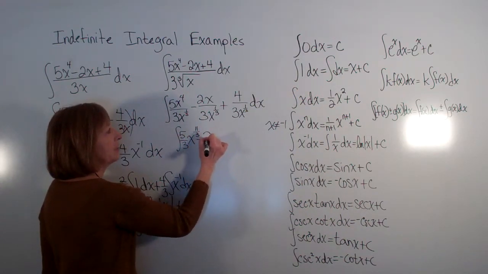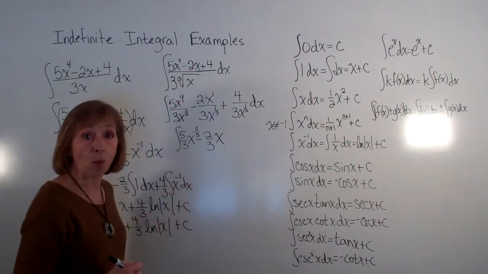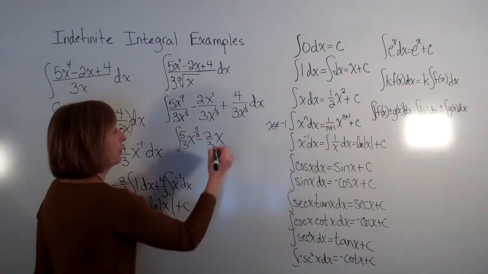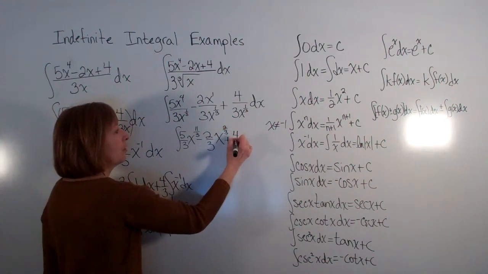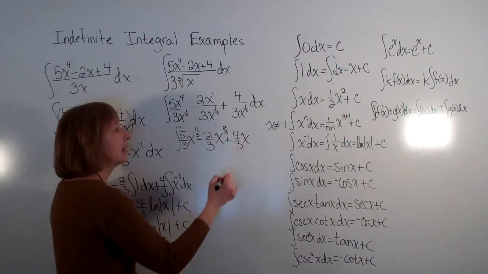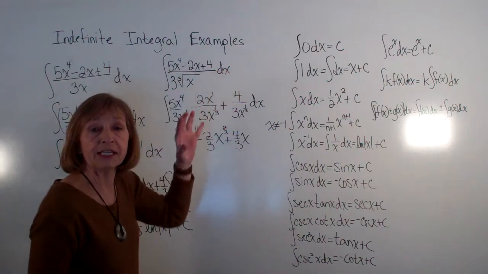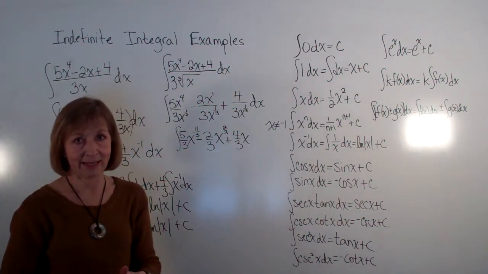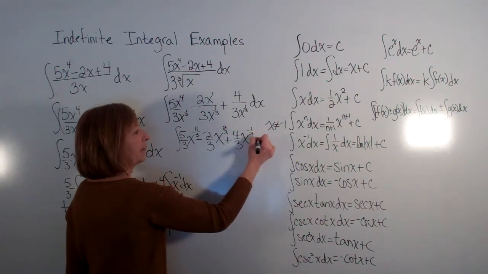And then minus 2/3 x to the, this is an exponent of 1, and 1 minus 1/3 is 2/3. And then plus 4/3 x to the, bring this x to the 1/3 in the denominator up, and it changes the sign of the exponent. So that'll be x to the -1/3 when you bring it up, dx.